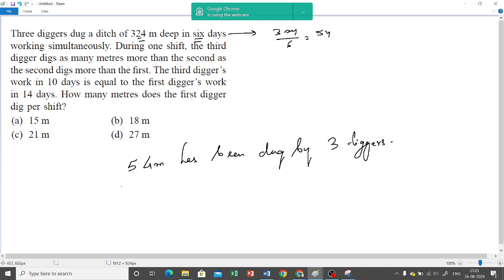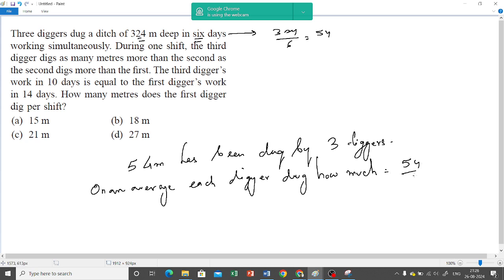So that means on an average, each digger dug how much? 54/3, that is 18 meters. This is on an average. Each digger dug 18 meters.